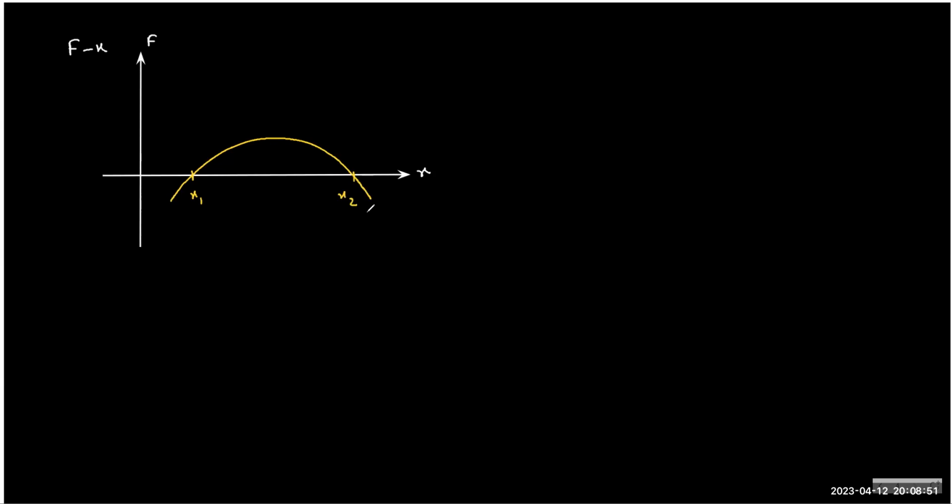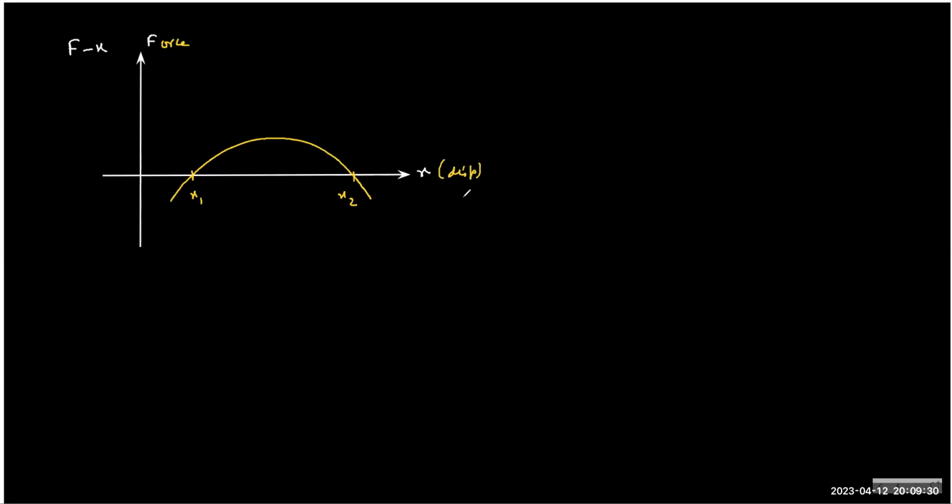So how many points of equilibrium do you see here? It is the force and displacement graph, isn't it? This is force.